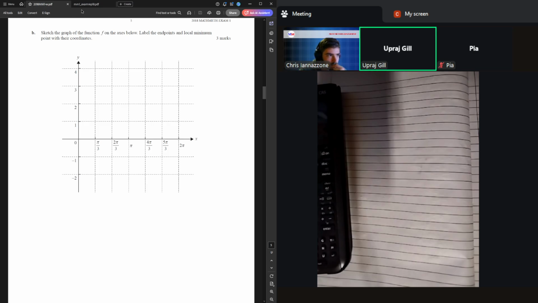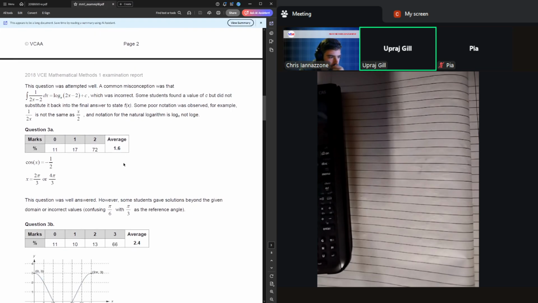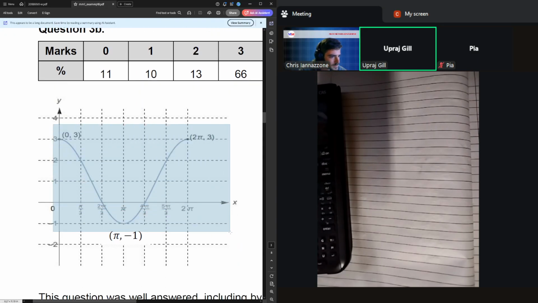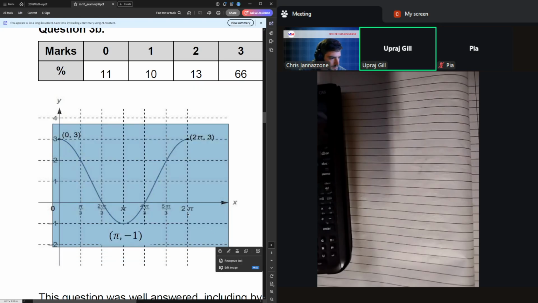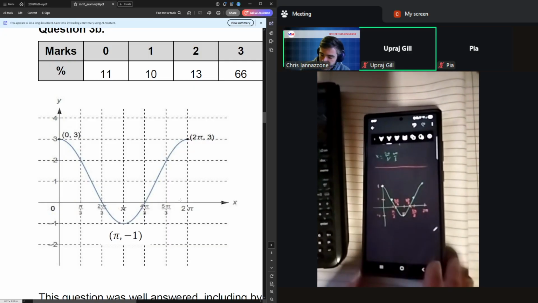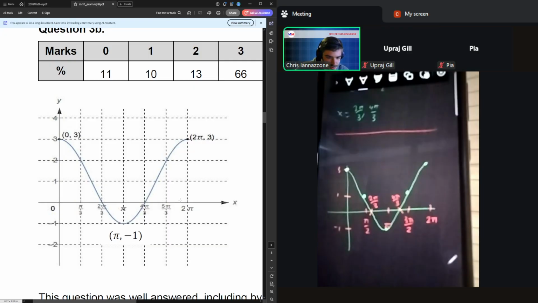It's going to be a cos graph starting at 3, accepting 2 pi on 3 and 4 pi on 3, and the lowest y value is just negative 1. That's it. Yeah, and you get that at pi. So I've drawn a very standard version of how you would do that if you had no prescribed axes.